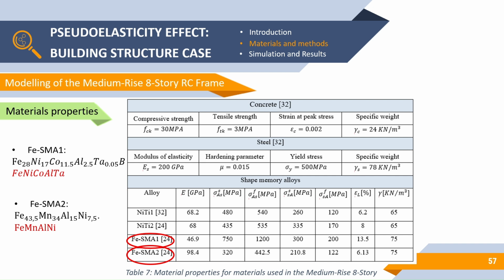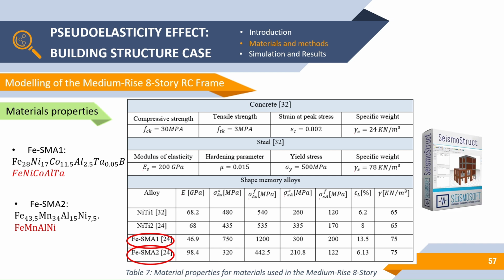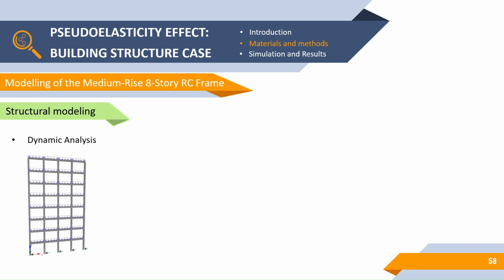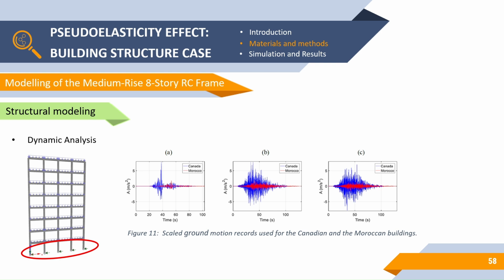Also, this study was performed using SeismoStruct software for both static and dynamic analysis. Now, for the dynamic analysis, 3 ground motion records were applied at the bottom nodes of each column using equation 11 for scaling.